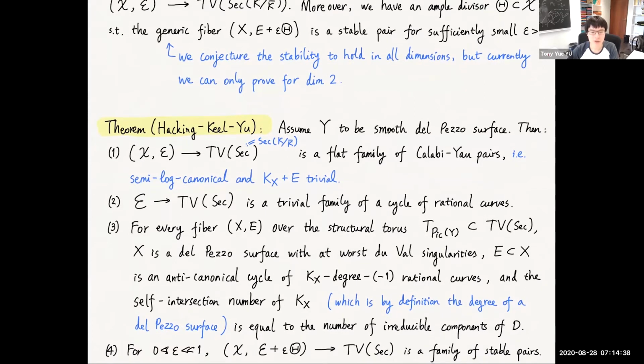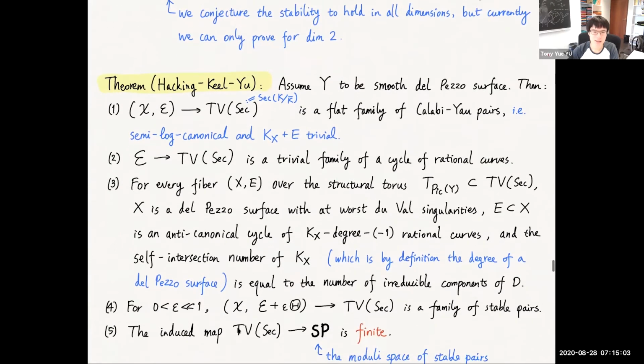And then we show that for sufficiently small epsilon, we get a family of stable pairs. If we add the epsilon multiple of theta to E, we get a family of stable pairs. While in all dimensions we only know this for the generic fiber, in dimension 2, everywhere it's stable.